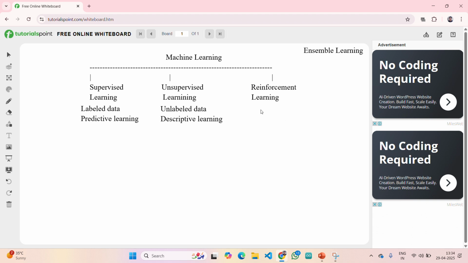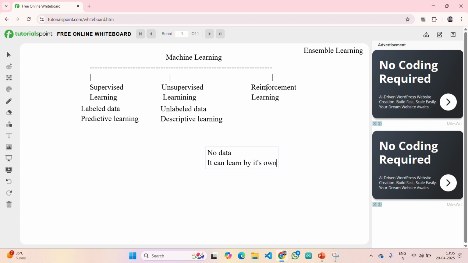Coming to reinforcement learning, it is similar to the third type of human learning, learning on its own. It does not require any data. So let me mention the first point: no data is needed actually. Labeled, unlabeled, such requirements are not there for reinforcement learning, and it can learn on its own.